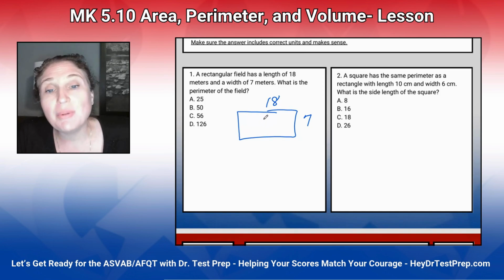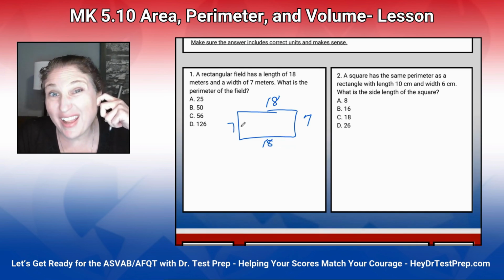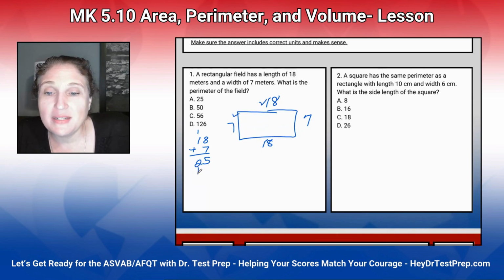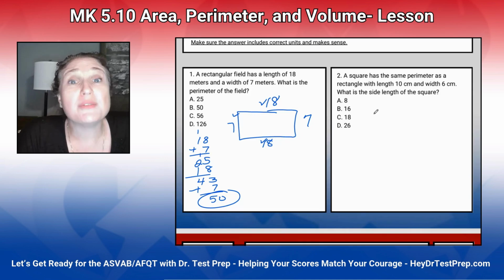Now, some people will tell you add those two up, multiply by 2, but I feel like on test day, you might have a lot going on in your head, so it might just be easier to add going down. 18 plus 7 gives us 25, plus 18 again gives us 43, plus 7 gives us 50. Done.